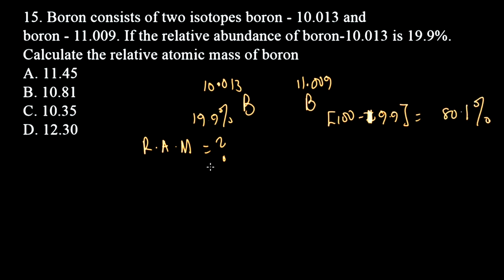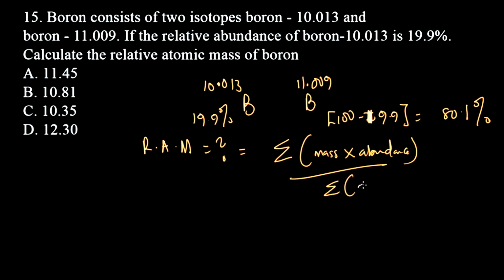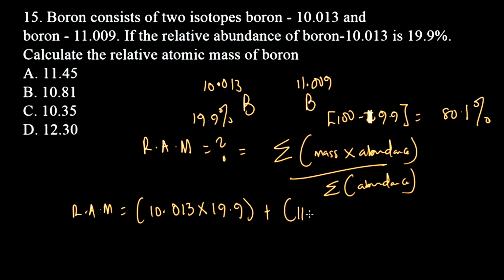So this should give us 80.1%. So relative atomic mass is the same thing as the summation of mass times abundance over the summation of abundance. So we can therefore say that RAM equals 10.013 times 19.9, which is the abundance, plus 11.009 times 80.1, over 100.